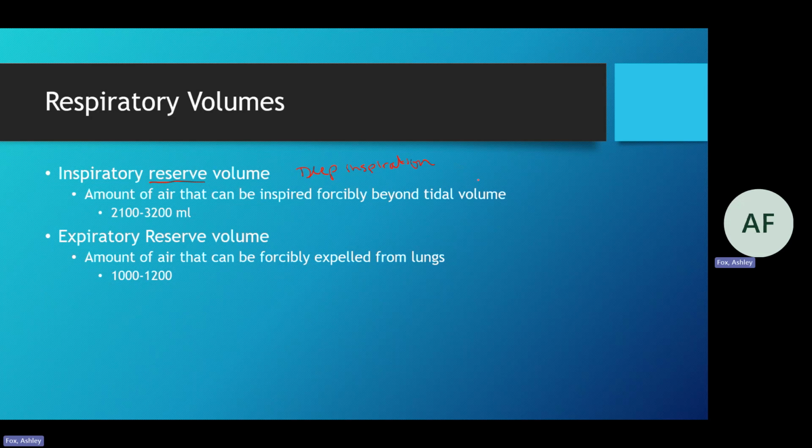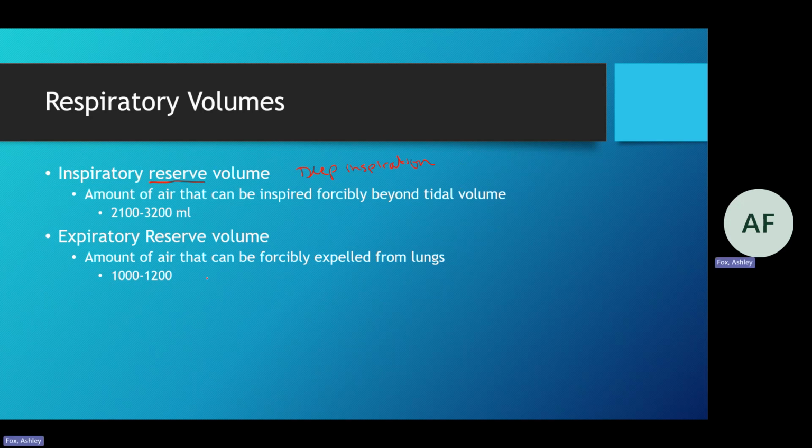It's how much you can expand your rib cage and your thoracic cage more with those extra muscles. So taking a deep breath in, whatever you can go past your normal breathing. So breathe in, breathe out, and then breathe in, and then breathe in some more. The extra that you're bringing in is your inspiratory reserve volume.